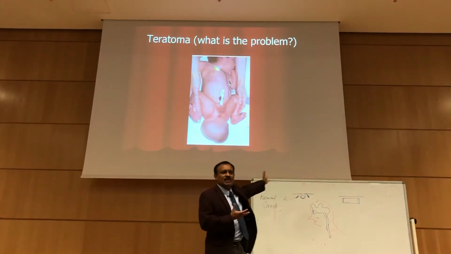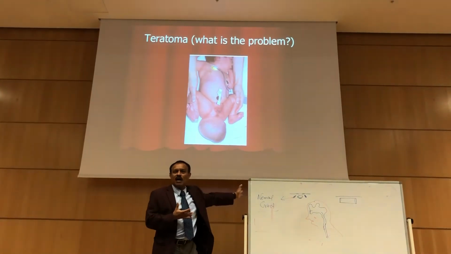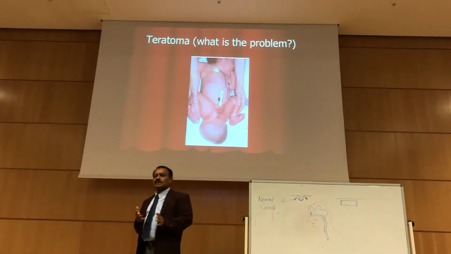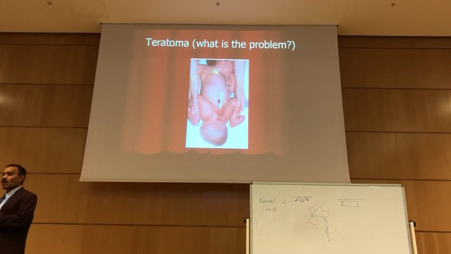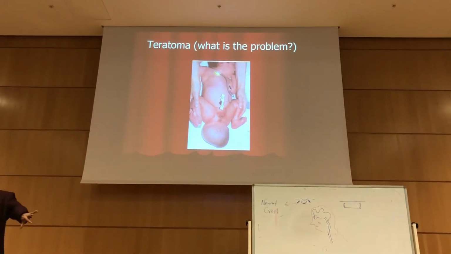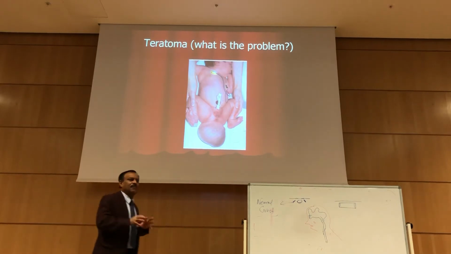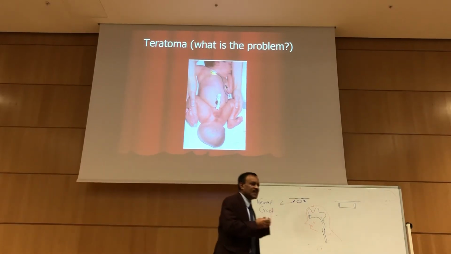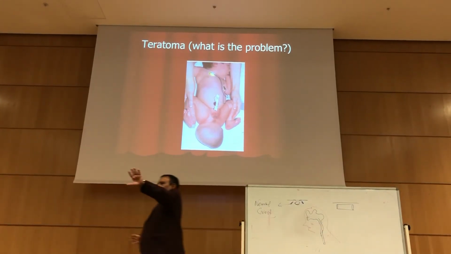It is actually the primitive streak, primitive pit, primitive node problem. Okay, this is called teratoma. Sacrococcygeal teratoma. So teratoma is possible if the cells are not differentiated properly. This is just to wake you up, to show you that we can have babies with a bigger problem because the cells are not differentiating properly. Is that clear?